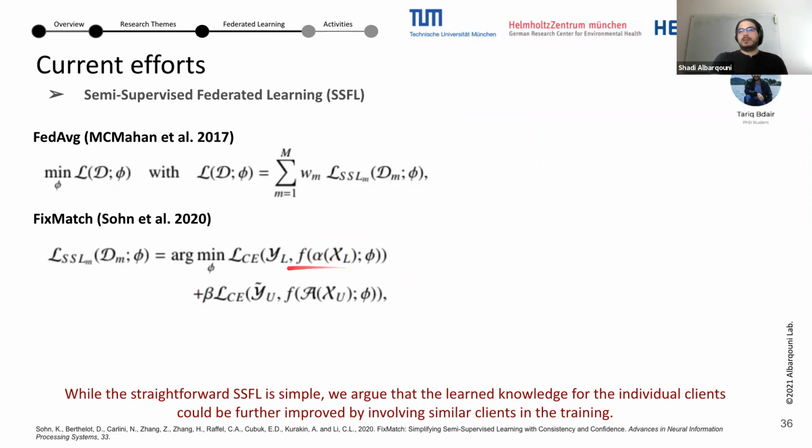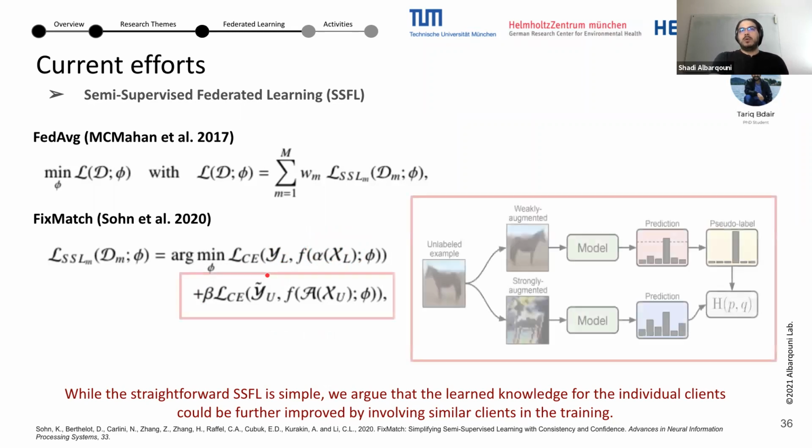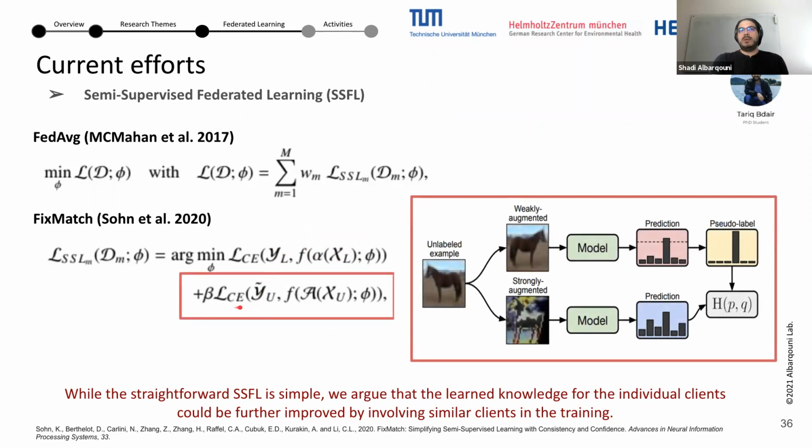The second part is called the consistency regularization term, where you try to minimize the cross entropy between a pseudo label, which is generated by passing unlabeled data through a weak augmentation, passing it to the model which has been trained in a supervised fashion.